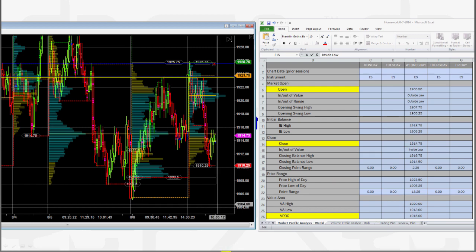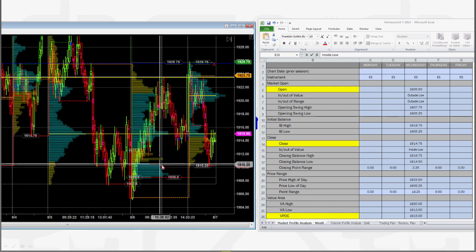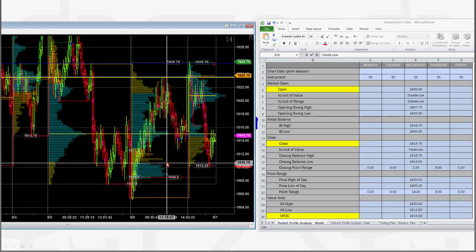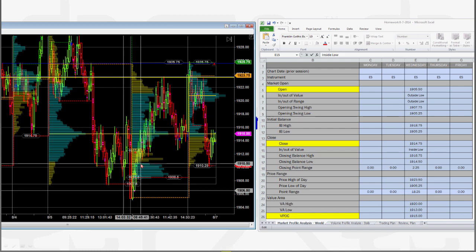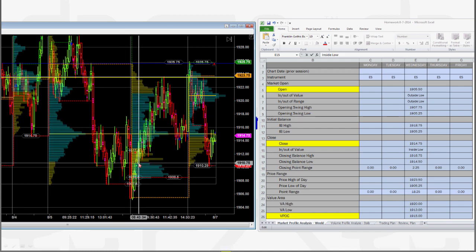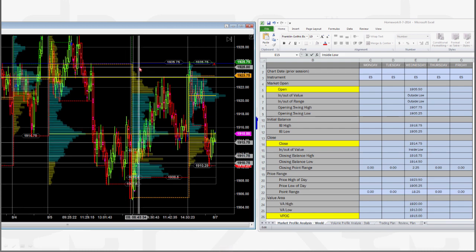So for price today to come back down to this area, if it got through that low volume area we had from yesterday, that would be a significant event, because this is where the buyer showed conviction yesterday.